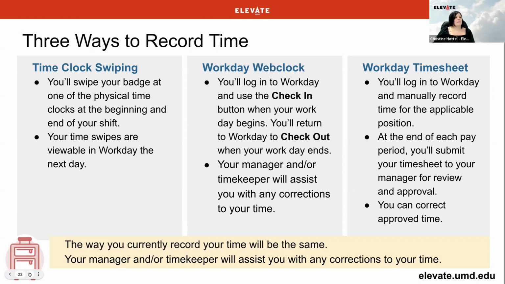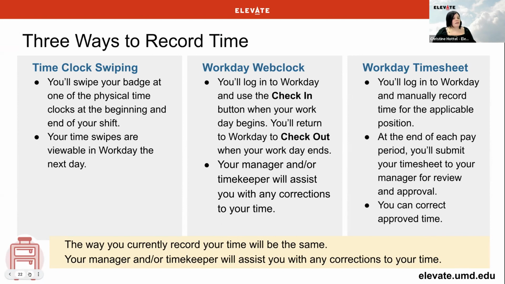So you'll see here at the top, there is a summary and overview of the ways that we record time. Again, not changing. The one thing that is changing is managers and or timekeepers can assist employees who are using a time clock or web clock check-in to make corrections. So today, these folks can't make corrections. So we'll continue to have the managers or timekeepers correct a time entry.